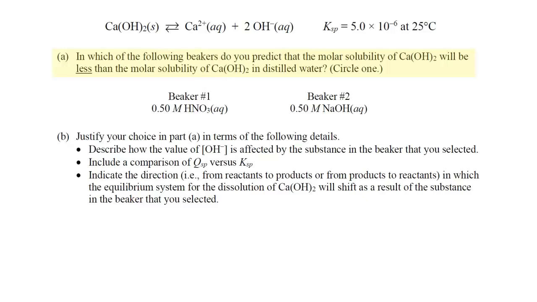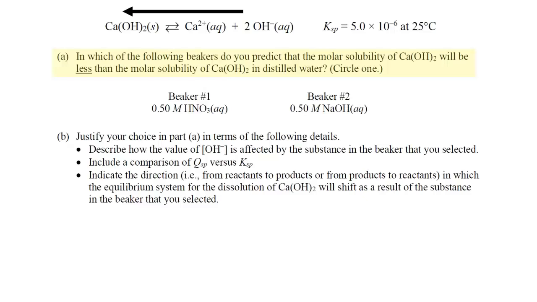So what does less in terms of the solubility mean with respect to the direction in which the equilibrium system for the dissolution of calcium hydroxide will shift? And so if it's less soluble, that would imply a shift in the equilibrium system toward the solid calcium hydroxide away from the aqueous calcium and hydroxide ions. So by putting that arrow on the slide, that gives me some context about what I'm looking for.